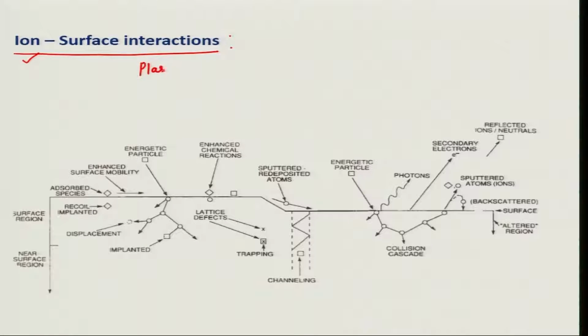So, our plasma has electrons plus ions, most of them positively charged, plus neutral species of gas atoms that we are using to create plasma. We can use many types of gases.